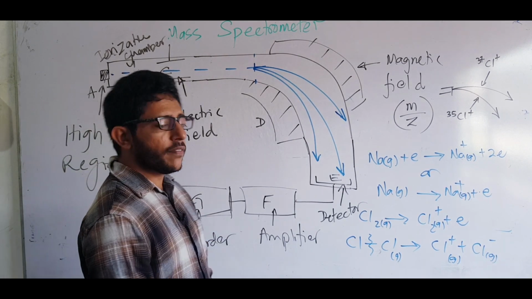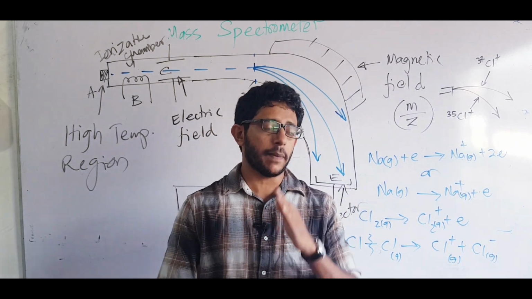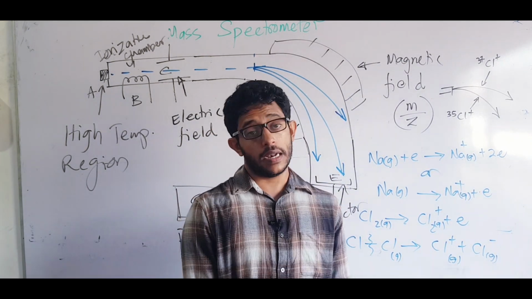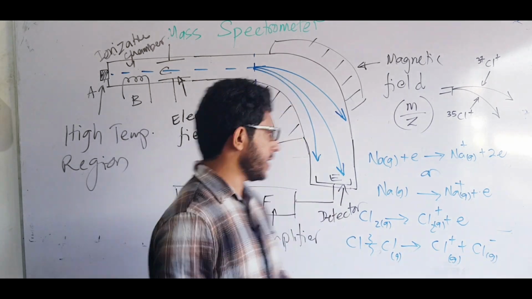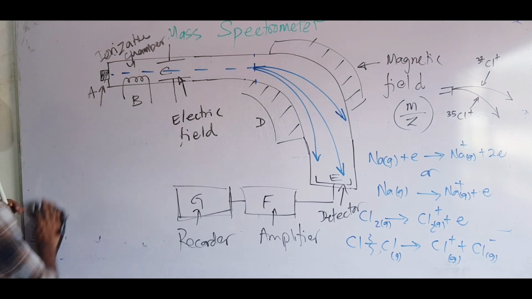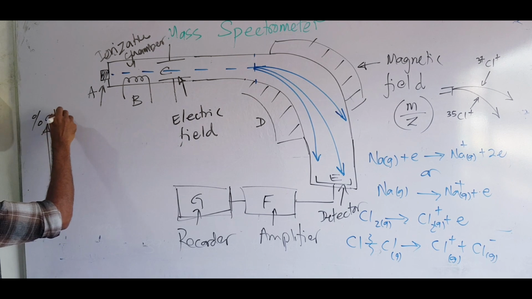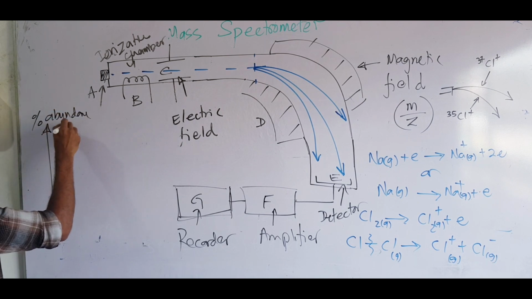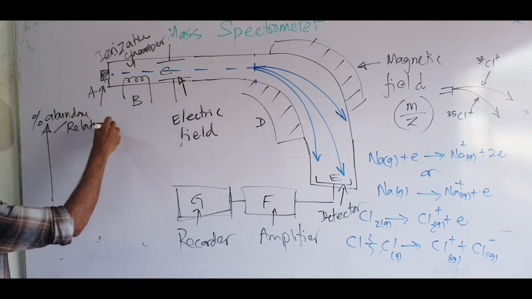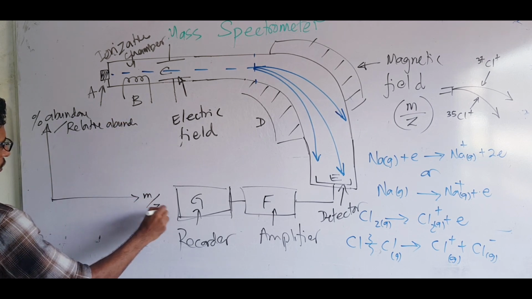In the recorder we get the mass spectrum. In the mass spectrum, the y axis would be the percentage abundance, or relative abundance, or the relative intensity. So if I draw that part over here, roughly the y axis would be percentage abundance commonly, or relative abundance, and the x axis is mass to charge ratio.